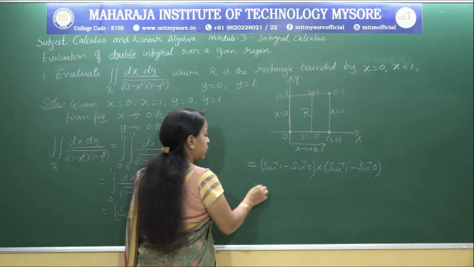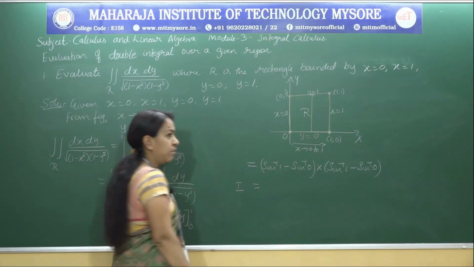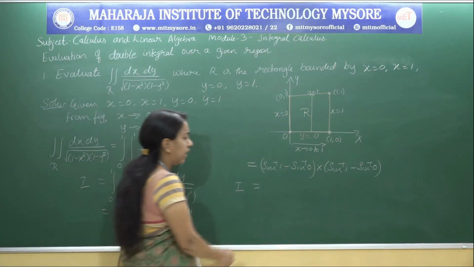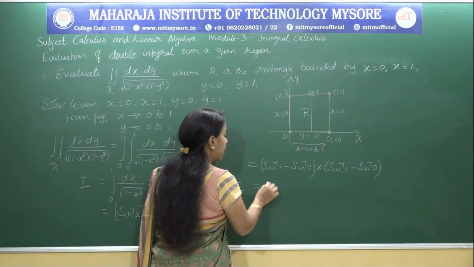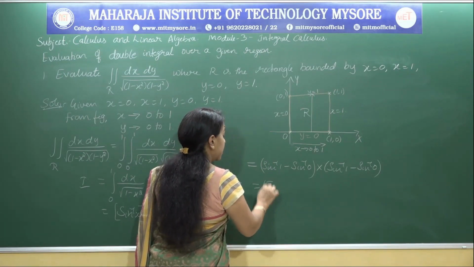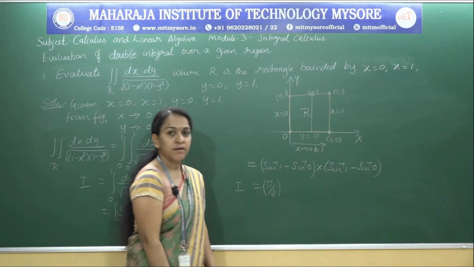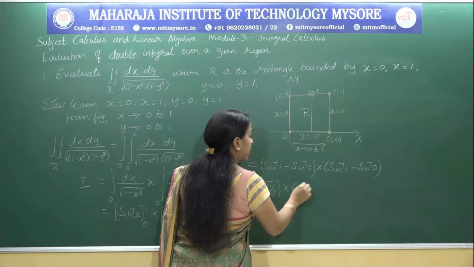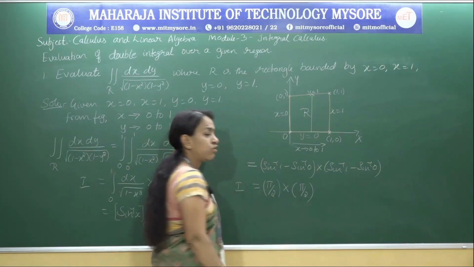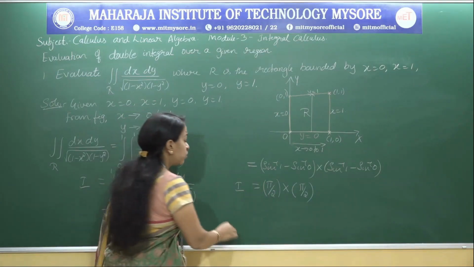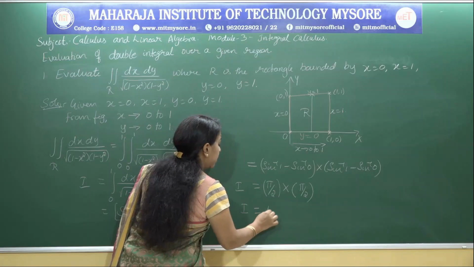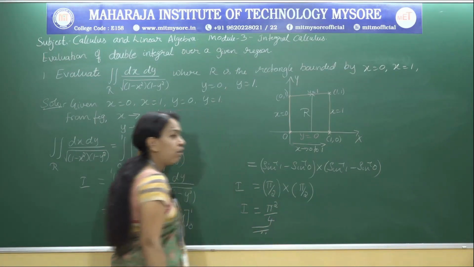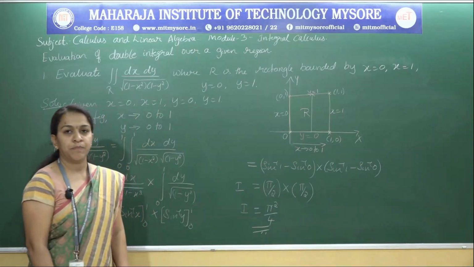And we know that the given integral, if I name it as I, is given by sin inverse of 1 is pi by 2 and sin inverse 0 is 0. Same thing into sin inverse 1 is pi by 2, sin inverse of 0 is 0. So the given double integral value is pi square by 4, our result.